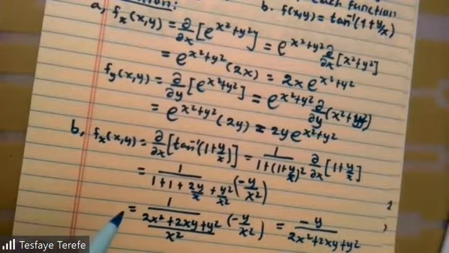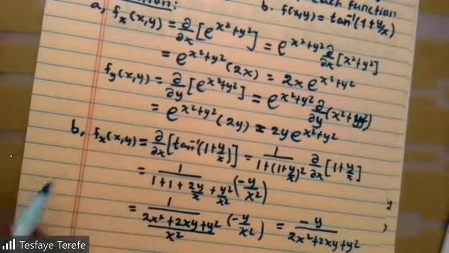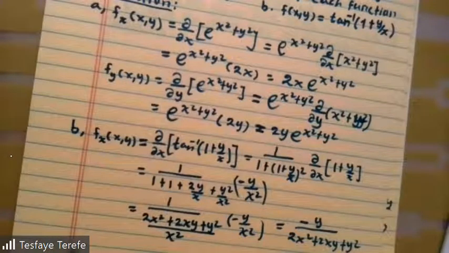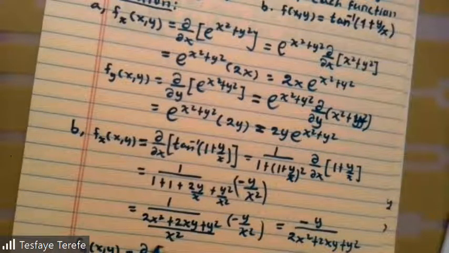Well, then, if I walk you through this one step by step, why not you do the partial derivative with respect to y of arctangent of y over x and give me the answer.